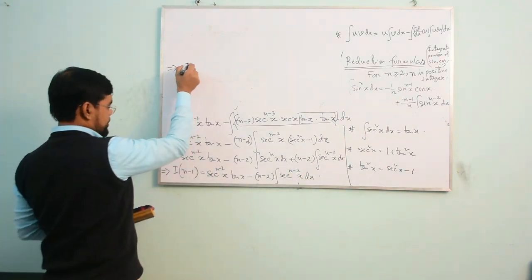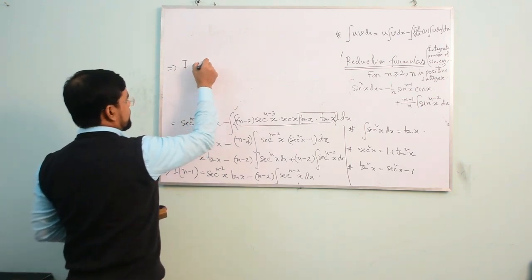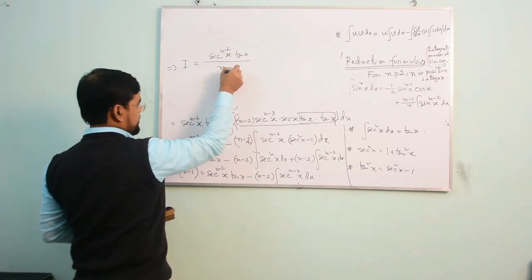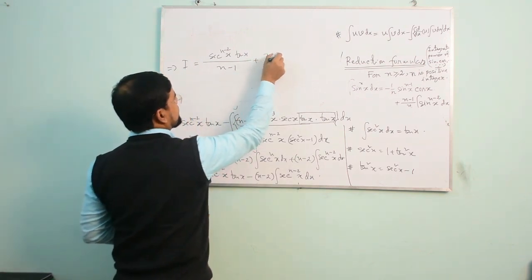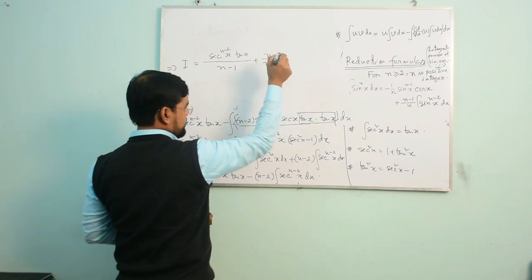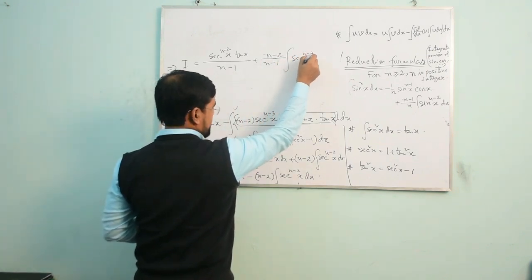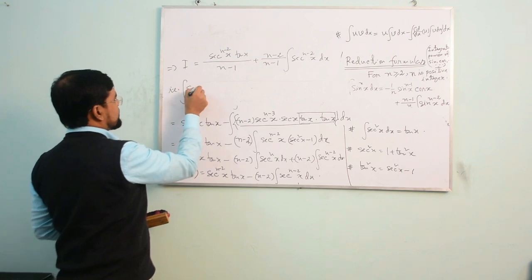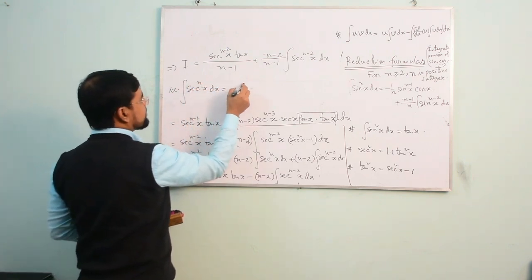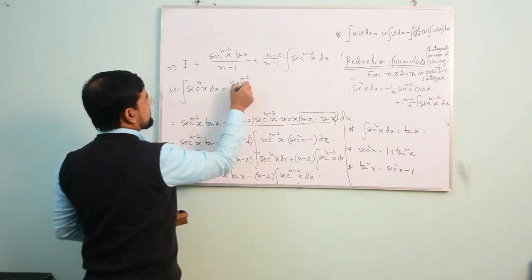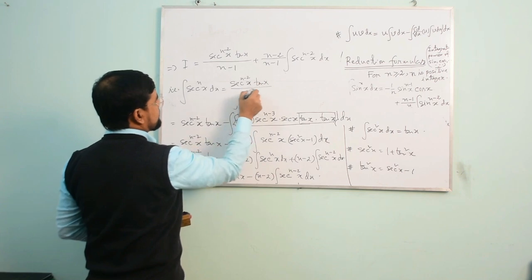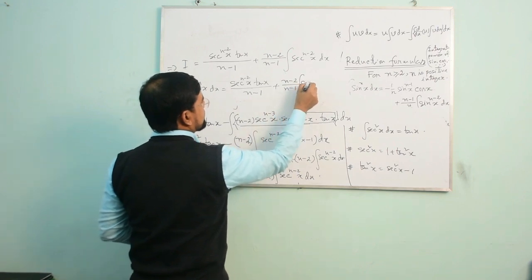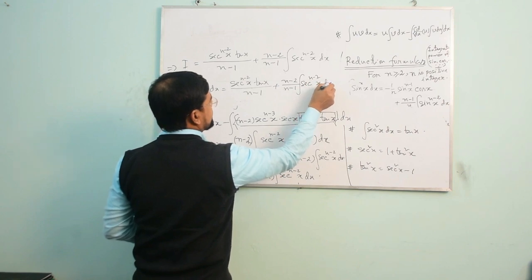This implies I equals sec^(n-2) x tan x divided by (n minus 1) plus (n minus 2) divided by (n minus 1) integration of sec^(n-2) x dx, that is, integration of sec^n x dx is equal to sec^(n-2) x tan x divided by (n minus 1) plus (n minus 2) over (n minus 1) integration of sec^(n-2) x dx.